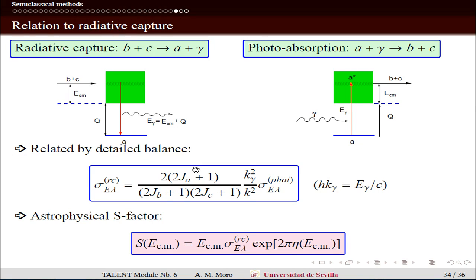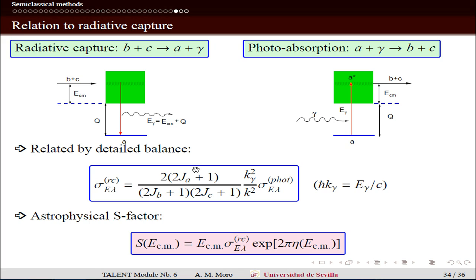So one process and the other are related by detailed balance. I'm not sure that we have discussed detailed balance. This is based on time reversal invariance of quantum mechanical processes. So one process is the inverse of the other. So there is a relation between the radiative capture and the photoabsorption with some kinematical factors. And be careful with the energies that you have here.